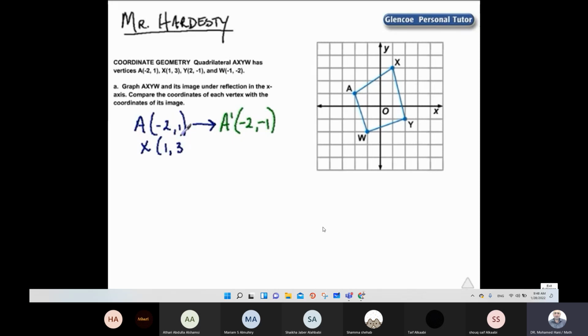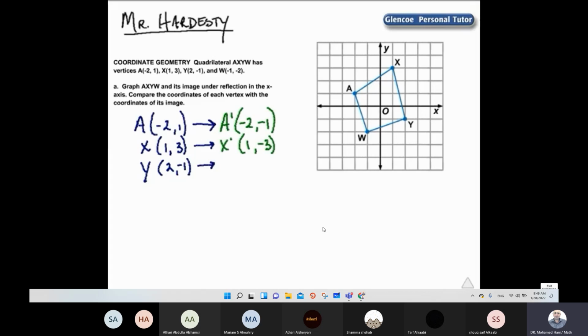Point X is at (1, 3). We'll find point X prime and make it (1, -3). Change the y-coordinate to its opposite. Point Y is at (2, -1).